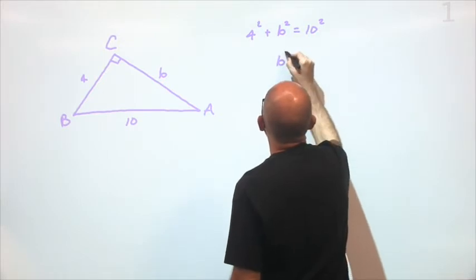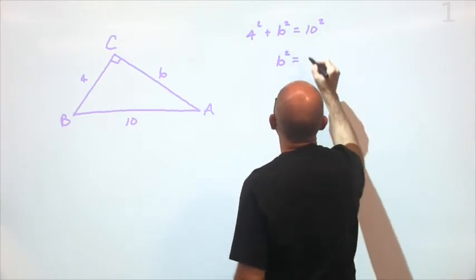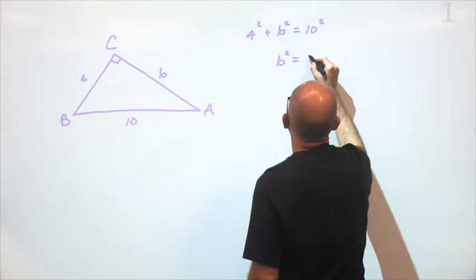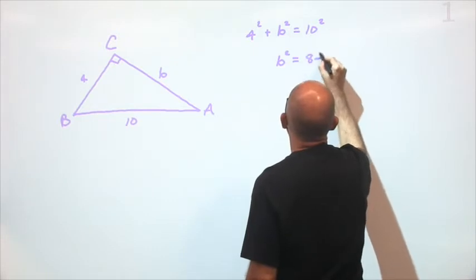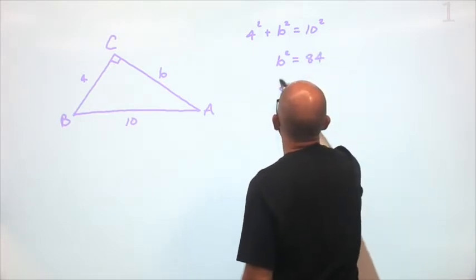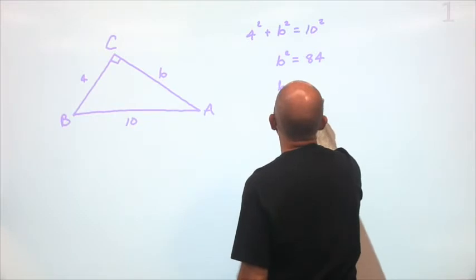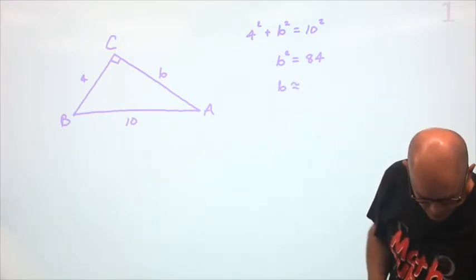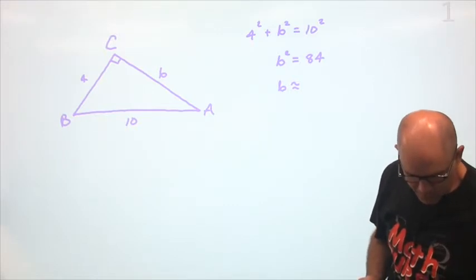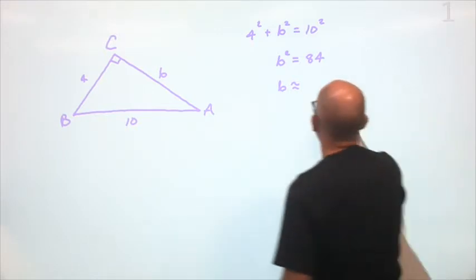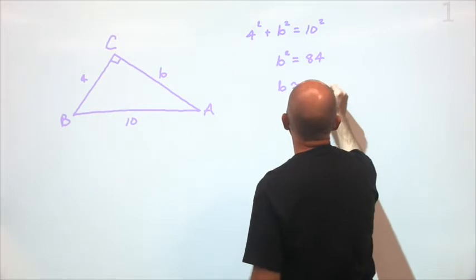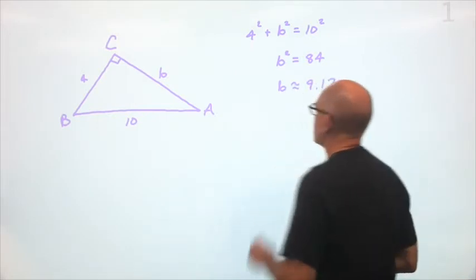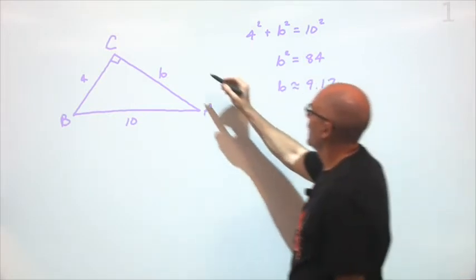So that means B squared is going to be 100 minus 16, which is 84. So that means B is going to be the square root of 84, which is approximately 9.165, so 9.17.